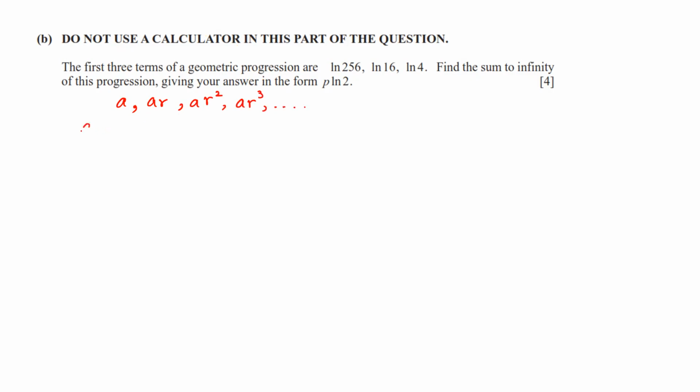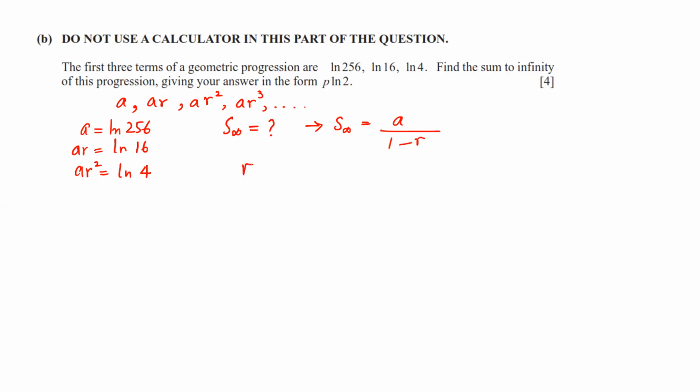So the first three terms, a is ln 256, ar is ln 16, ar square is ln 4. Find the sum to infinity. So we have to find the sum to infinity. And remember, sum to infinity is equal to a divided by 1 minus r.